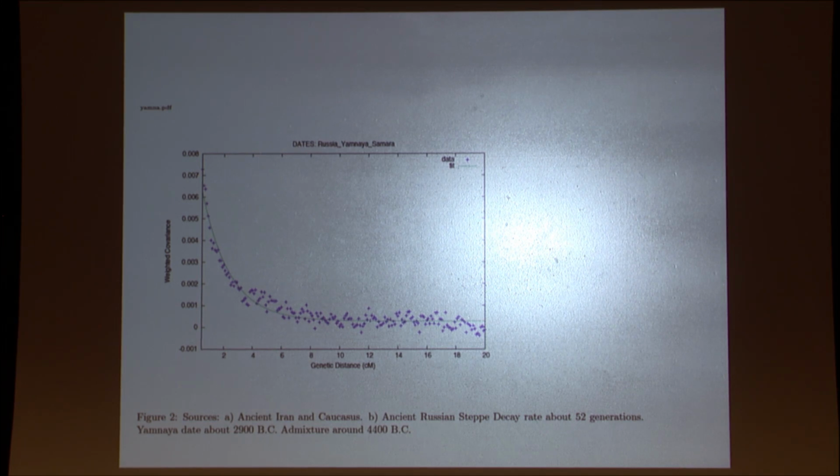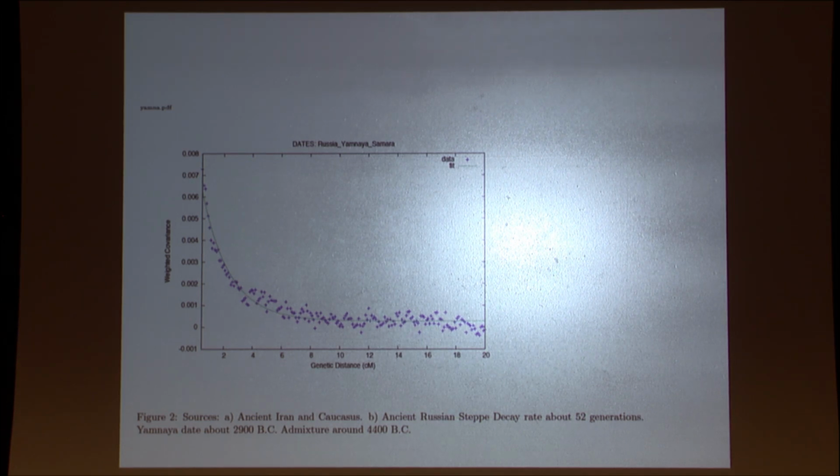So I already mentioned the Yamna. We have more than 30 samples from a Yamna settlement in central Russia called Samara, and I built sources from the ancient steppe in Russia, like 5,000 BC, much of which is in fact before farming or pastoralism, and also from ancient Iran and the Caucasus.